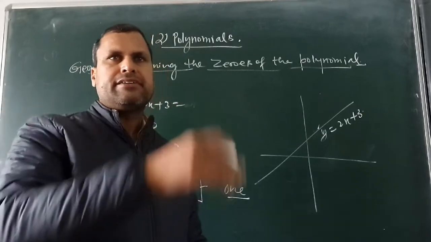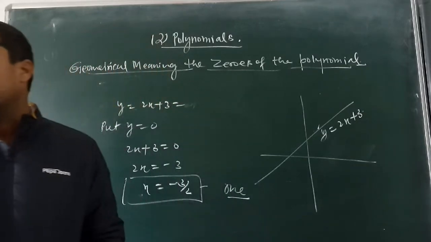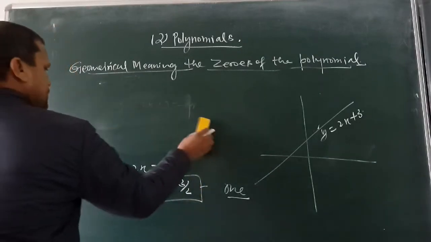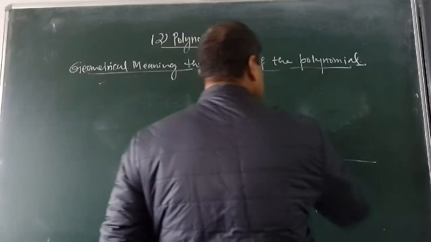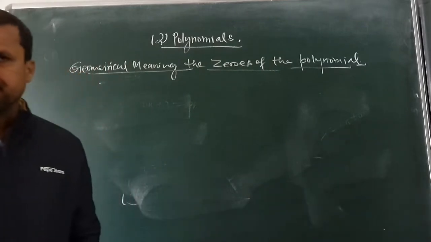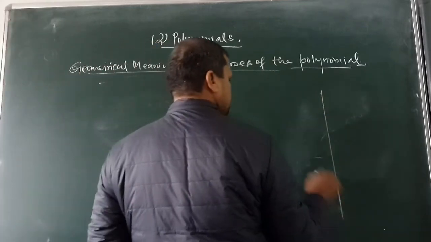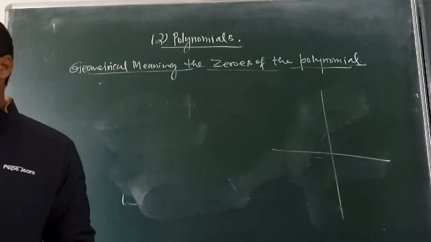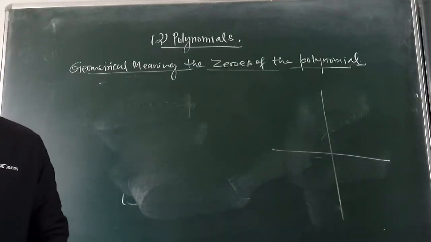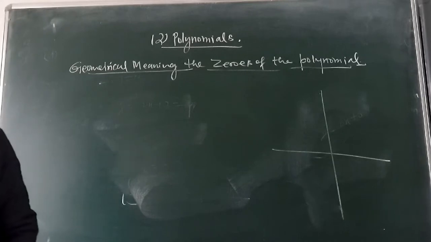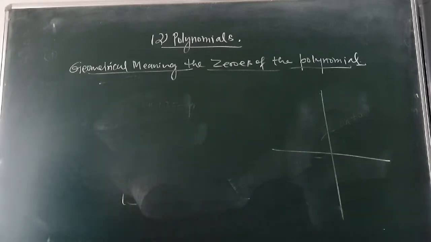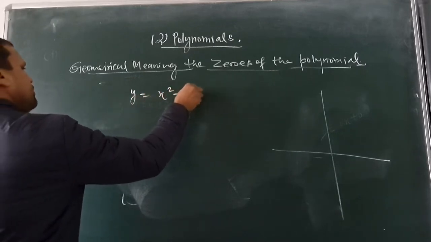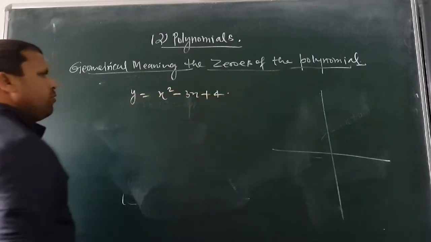Suppose a quadratic equation is there. Take another equation, that is y equal to x square minus 3x minus 4.